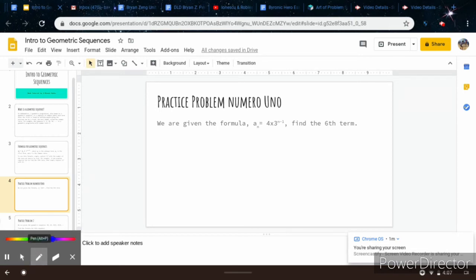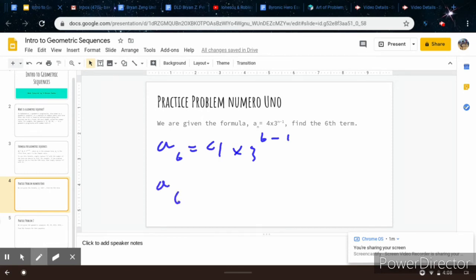So we have a_6 equals 4 times 3 to the 6 minus 1 power. Now simplify. We know 6 minus 1 is 5, so a_6 equals 4 times 3 to the 5th.